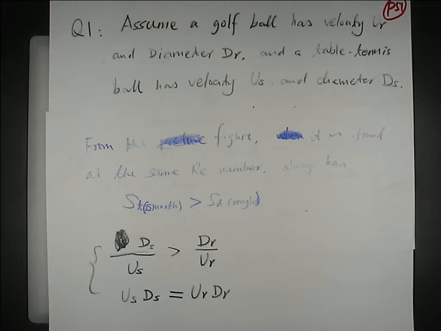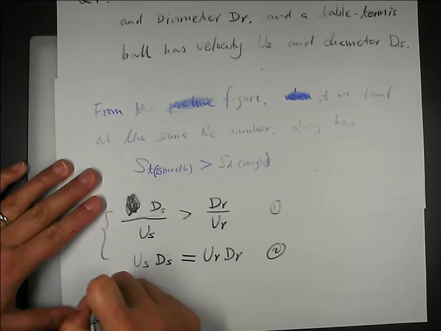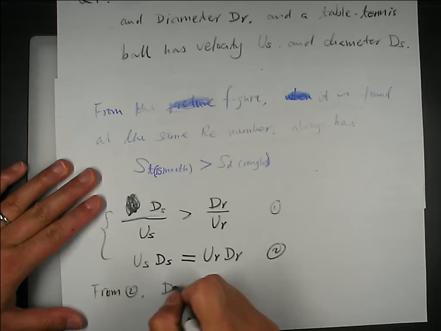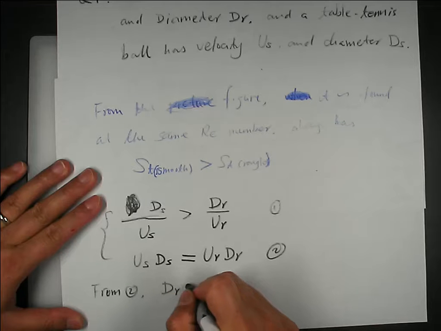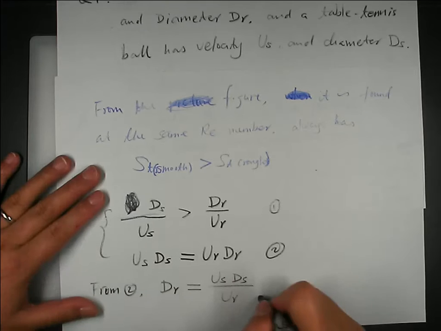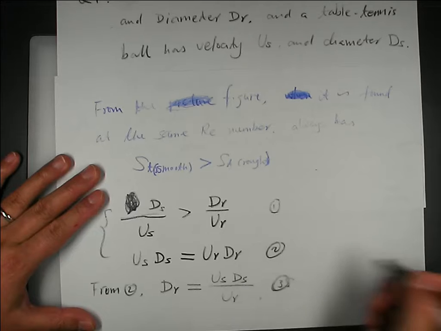From equation 2, DR is equal to US DS over UR. Then we substitute equation 3.